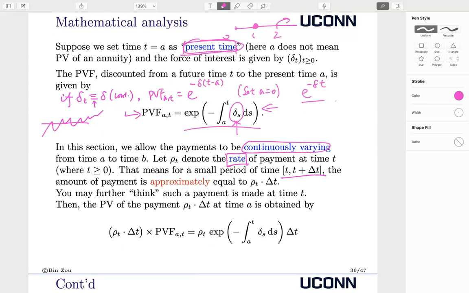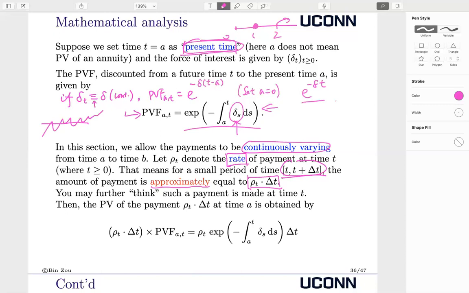So the speed or the rate times the time interval is approximately, you see the word I use here, approximately, the speed or the rate times the interval. I use the word approximately because even over this small interval, the rate is changing.